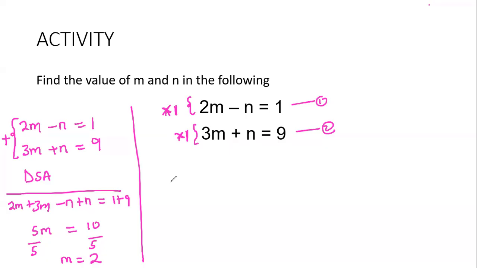Then for n, you pick any, so may I pick equation 1. So 2m minus n is equal to 1. I have my m as 2, so it's 2 times 2 minus n is equal to 1. So you get 4 minus n is equal to 1. Then the sign for 4 is positive, so you subtract 4 on both sides.